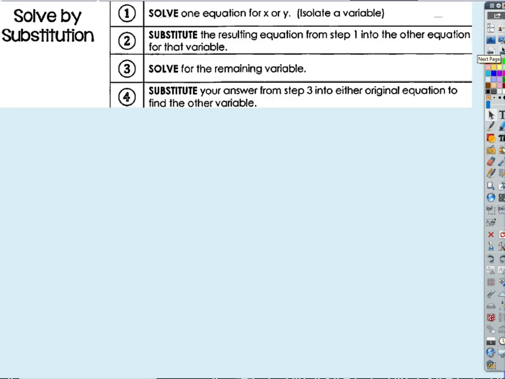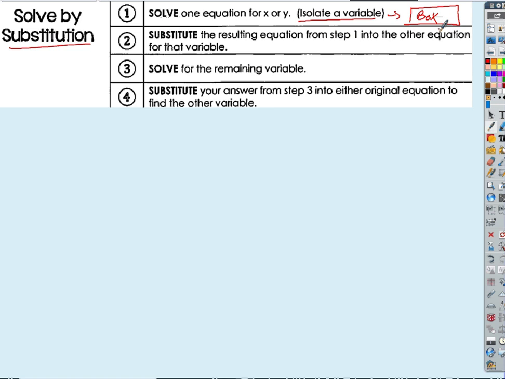So when we want to solve a linear system, let's look at the ways we can do this using algebra. So if we've got a linear system where it's easy to isolate a variable, then we can use substitution, right? Substitution is pretty straightforward and easy to do, but we only want to use it if it's easy to isolate a variable. If we can isolate a variable easily, we're going to solve for that variable and put a box around it because that's our substitution equation.